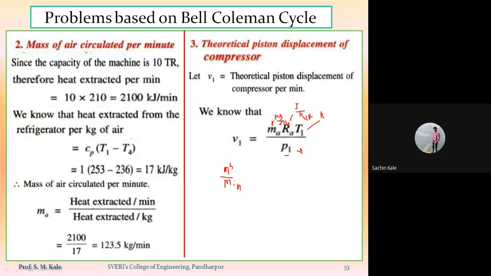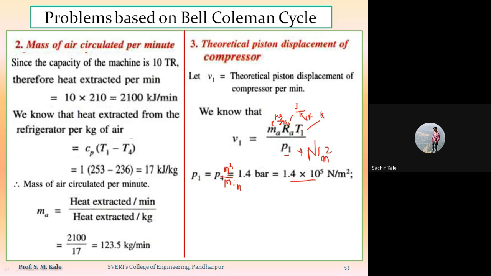And the value of P1 we always have to calculate in terms of Newton per meter square, not in terms of bar. Here we know the value of P1 in bar: 1.4 bar. Convert it to Newton per meter square, so that will be 1.4 into 10 raised to 5 Newton per meter square.